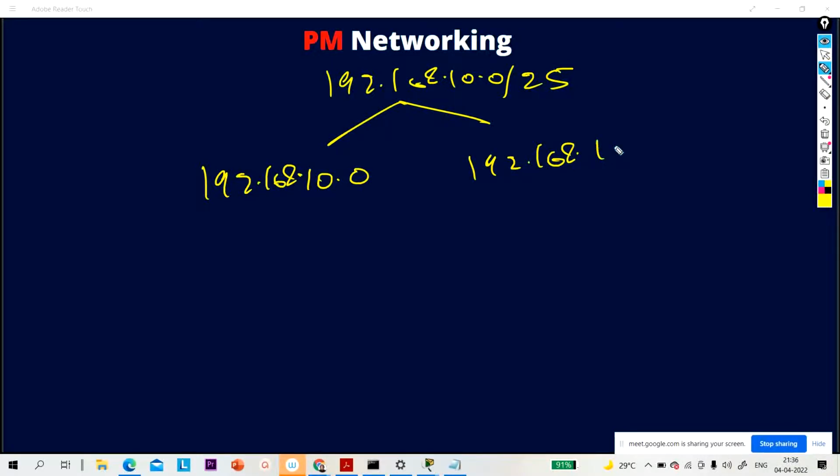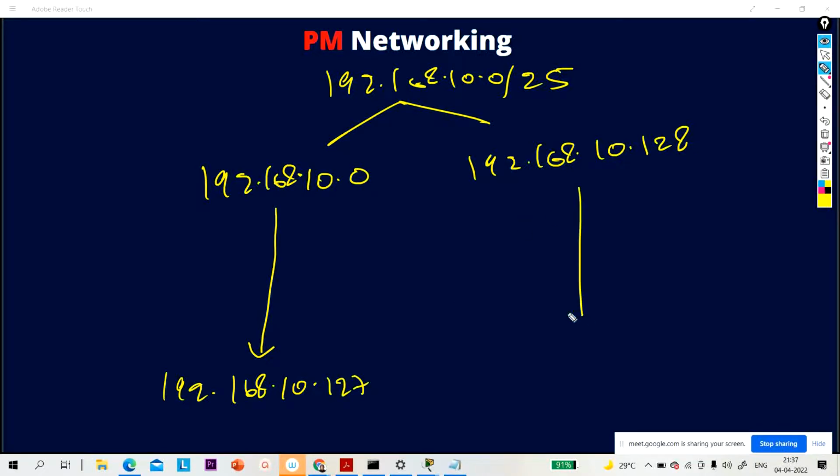Now tell me, where will this network end? Just before this IP address. Yes, .127 will be the broadcast IP.